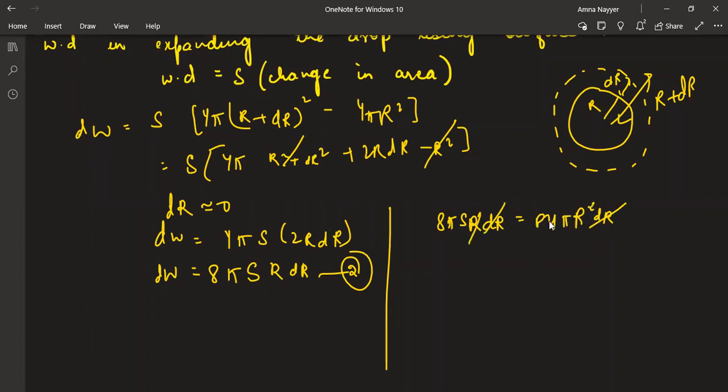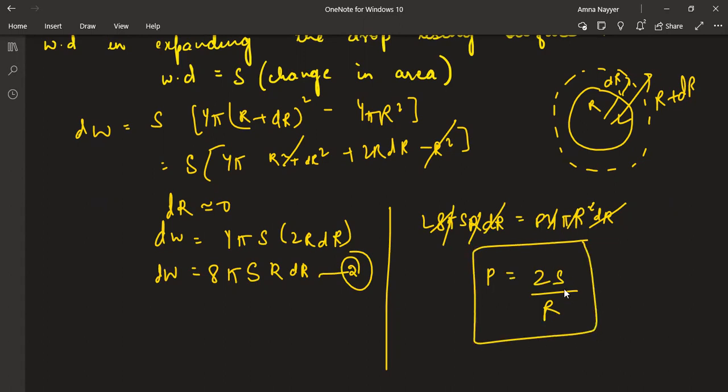One R will get cancelled. 4 into 2 pi will get cancelled. You will be left with pressure as 2S by R. 2 into this is surface tension, this is radius. This is what you had to calculate.